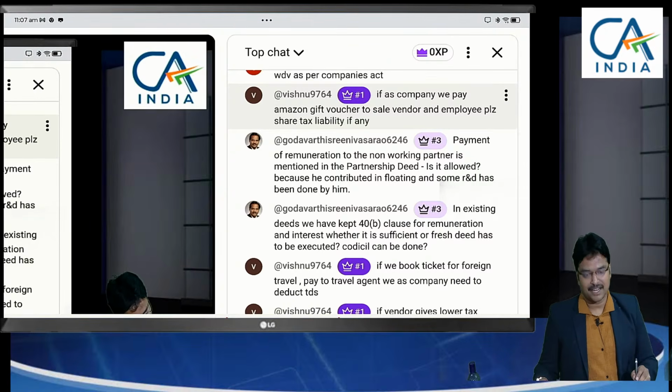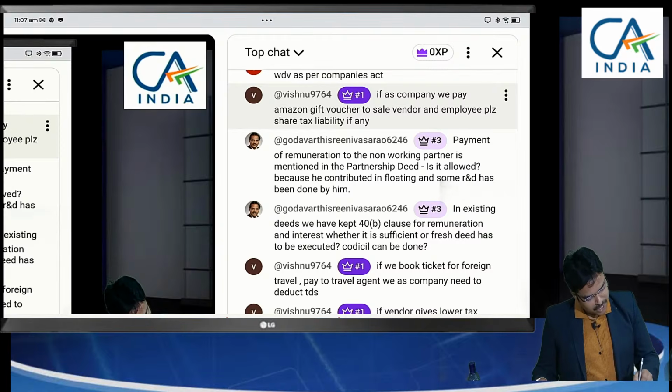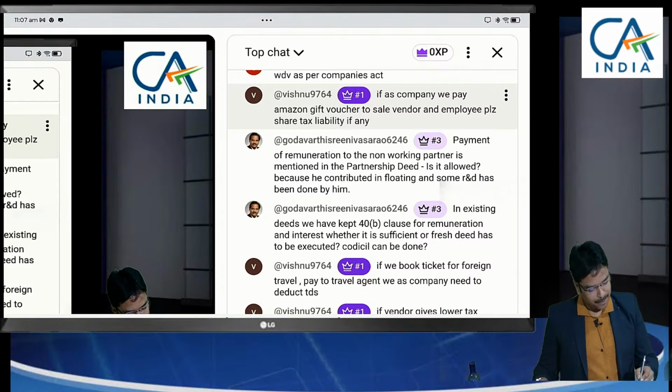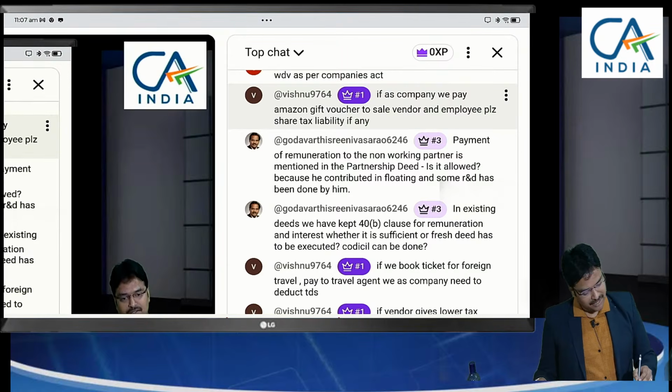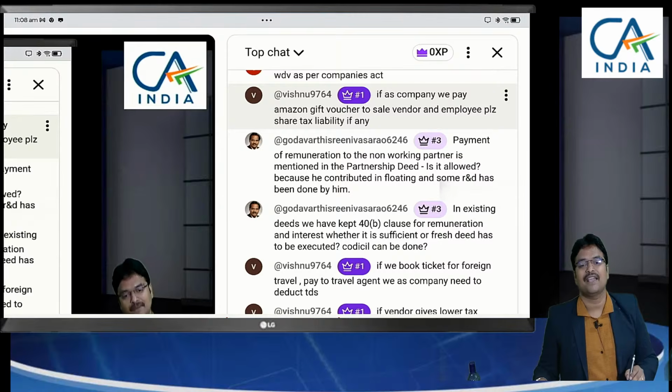You cannot claim deduction there. If he contributed in floating and some R&D has also been done by him, it is part of the activity, and in such case he will be treated as a working partner. If he is not treated as a working partner, then we cannot claim deduction.